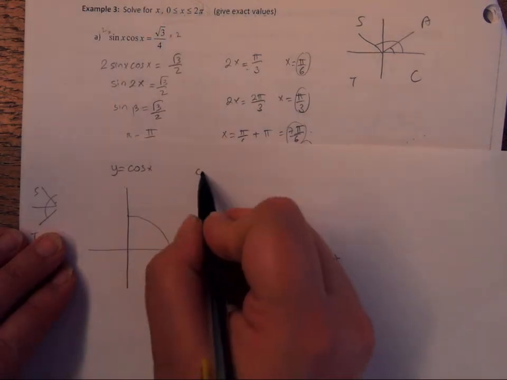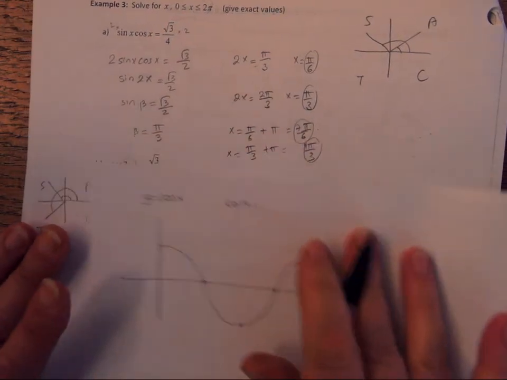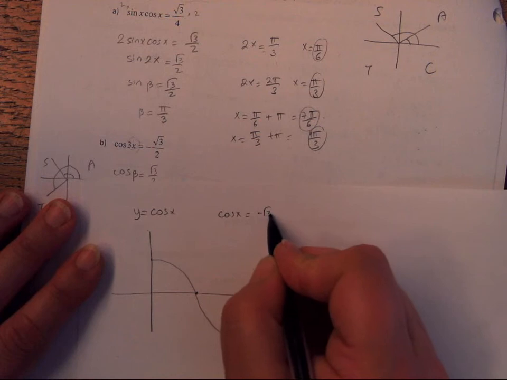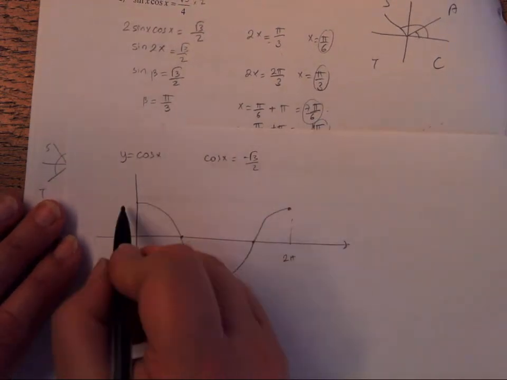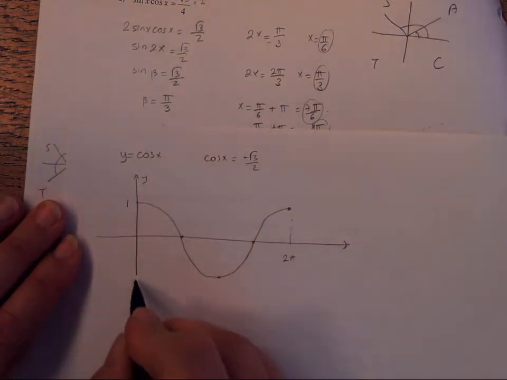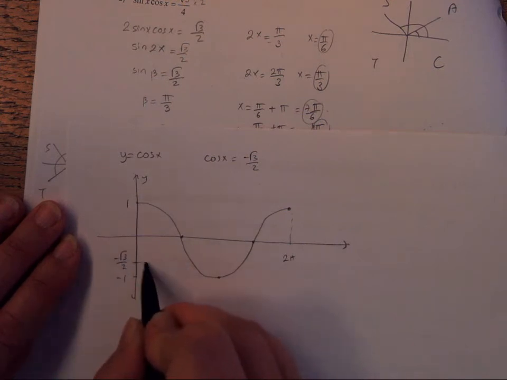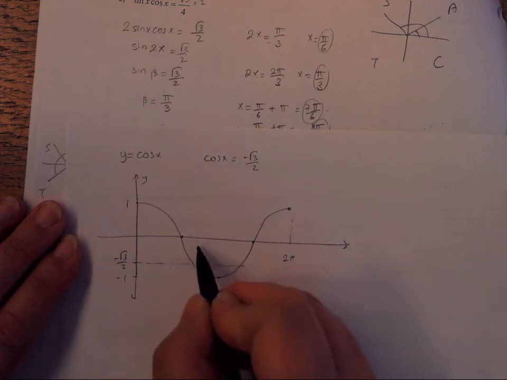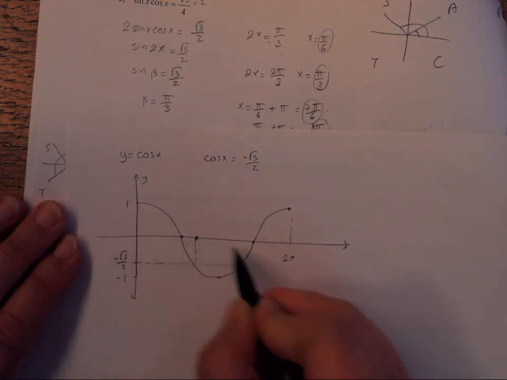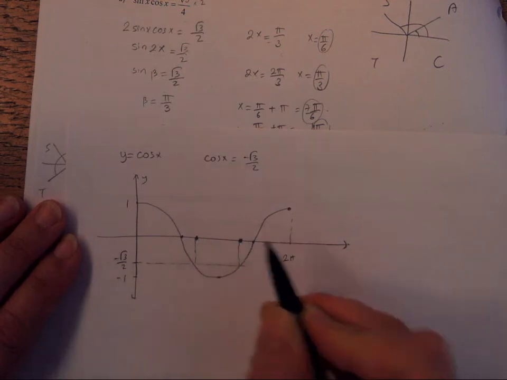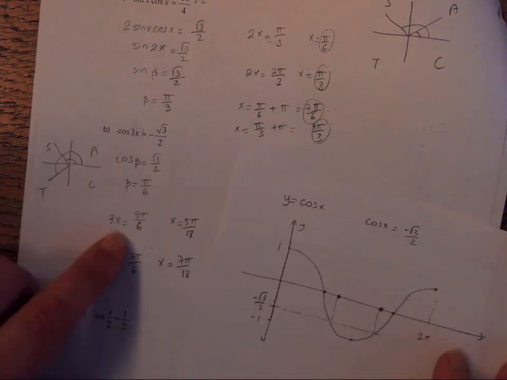If you were looking for where cosine x equals negative root 3 over 2, so negative root 3 over 2, you would have, as you see, two solutions, right? And we already know what those two solutions are, 5 pi over 6 and 7 pi over 6.